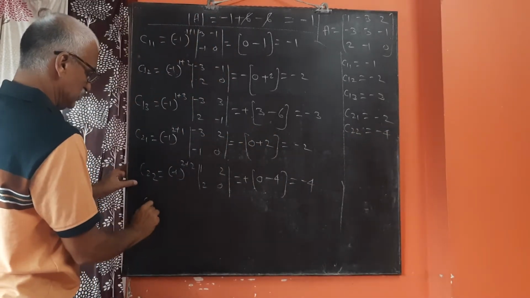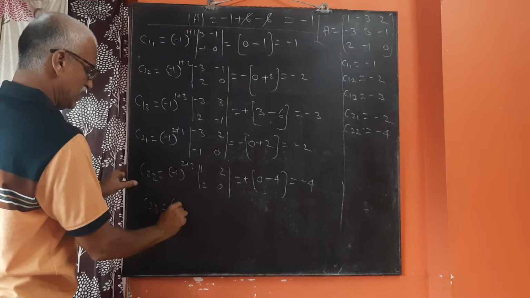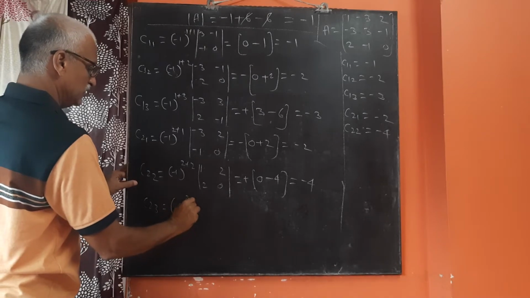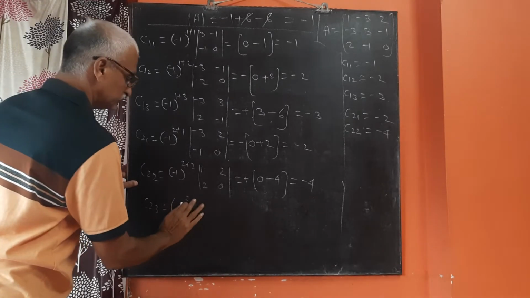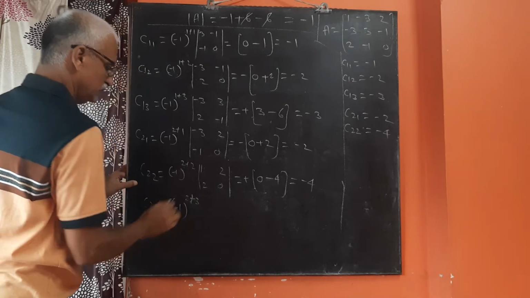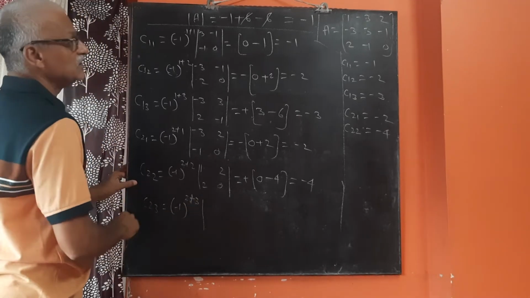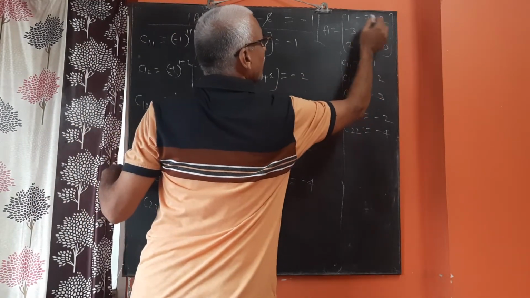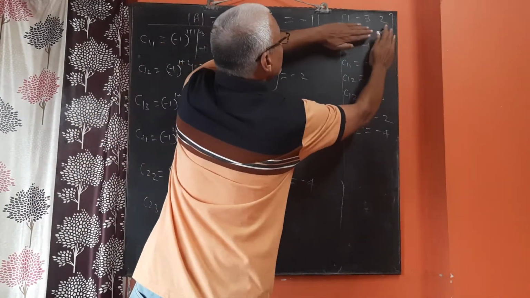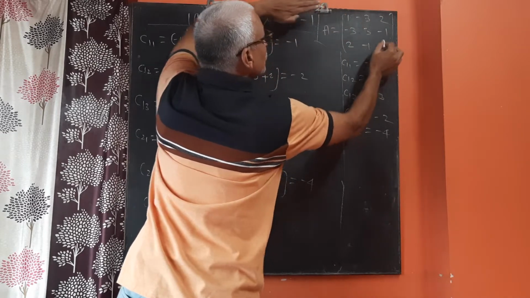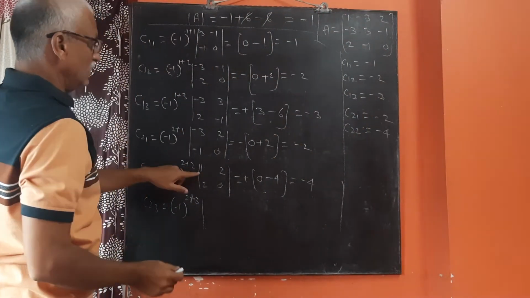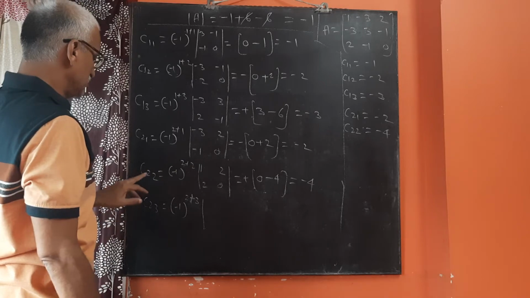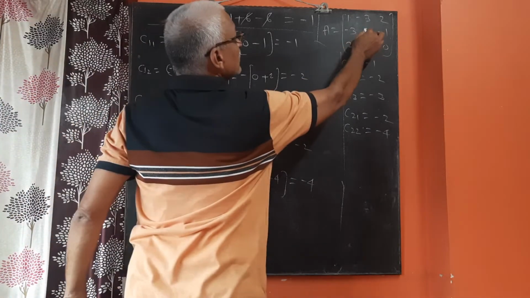Then C23 equals to minus 1 raised to 2 plus 3 into determinant of C23, that means this position. Something is wrong. C22 means this one.